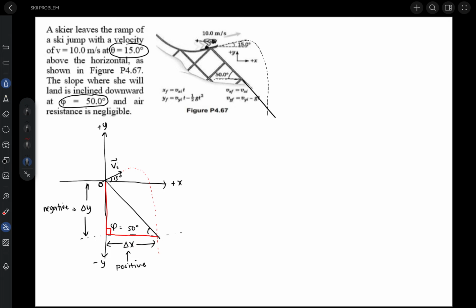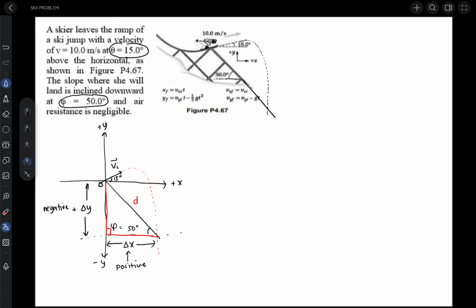We know that the skier will land at the distance d from the origin on the platform. In order to find d, we can use the Pythagorean theorem, or we can use the sine and cosine functions.